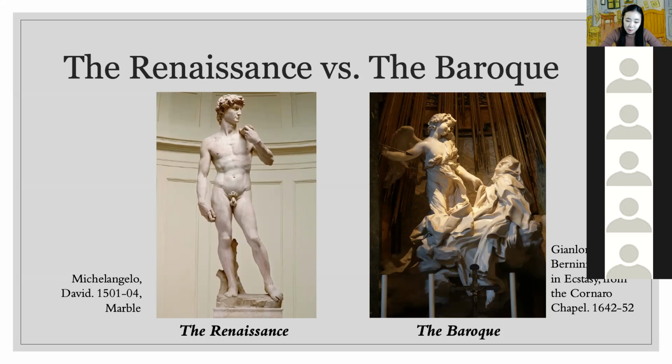So Michelangelo's David shows the beauty of balance. Very logical, and it shows the ideal of beauty. And it is very bright. Absolutely, it is very bright to celebrate the hero.